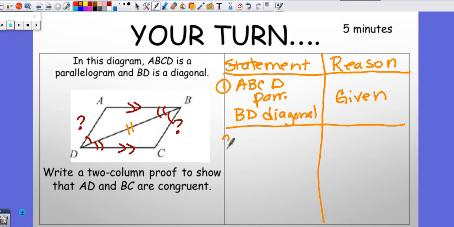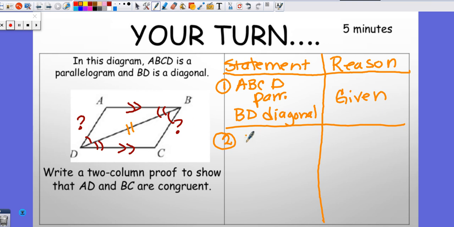So number 2, we need to go in here and start breaking stuff down. It doesn't matter which order you put your information in as far as breaking things down. Just make sure it's all there. I'm going to start with the alternate interior angles first.